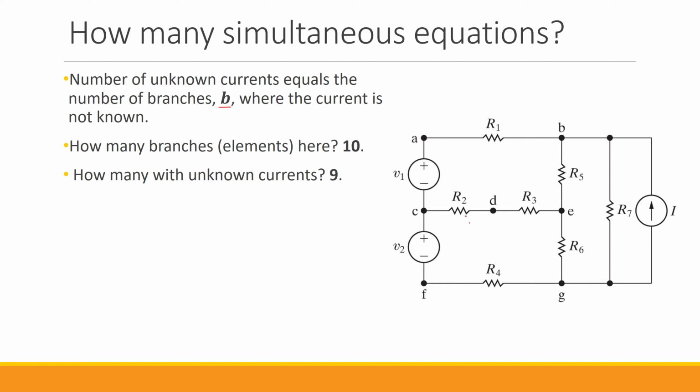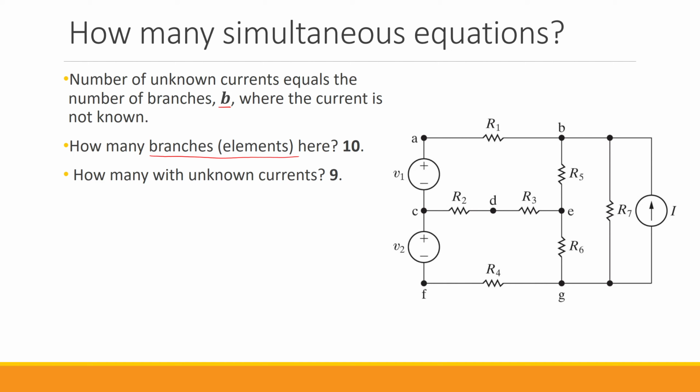So in this circuit, we have 10 branches in total. We have 7 resistors and we have 3 independent sources. So 7 resistors plus 3 independent sources, so 10.